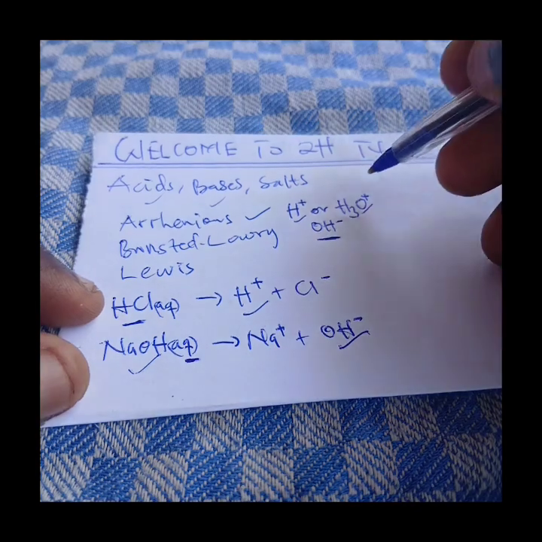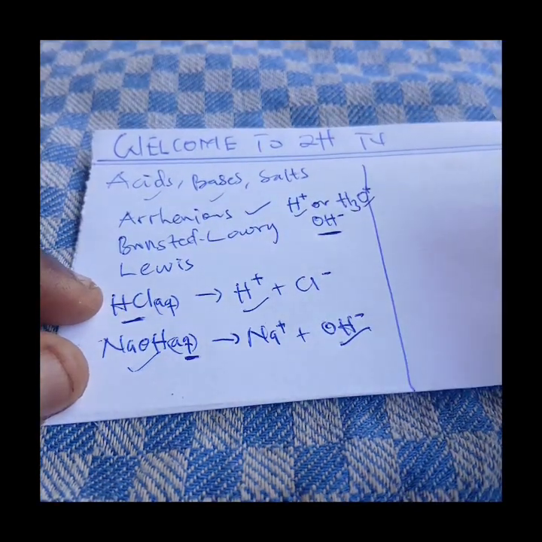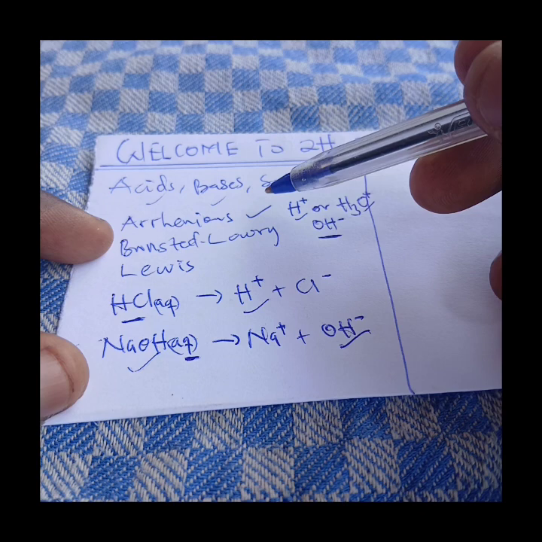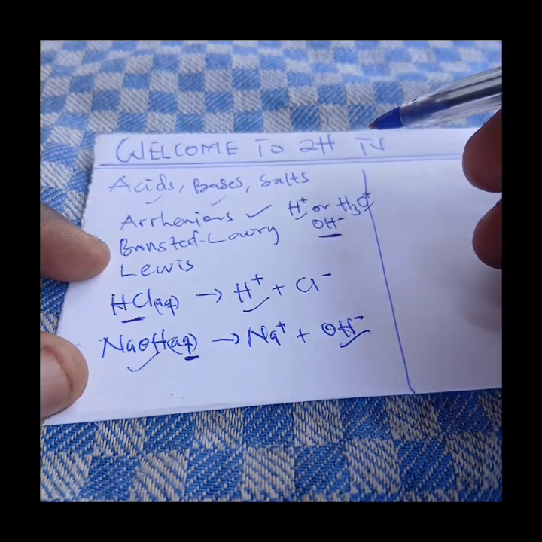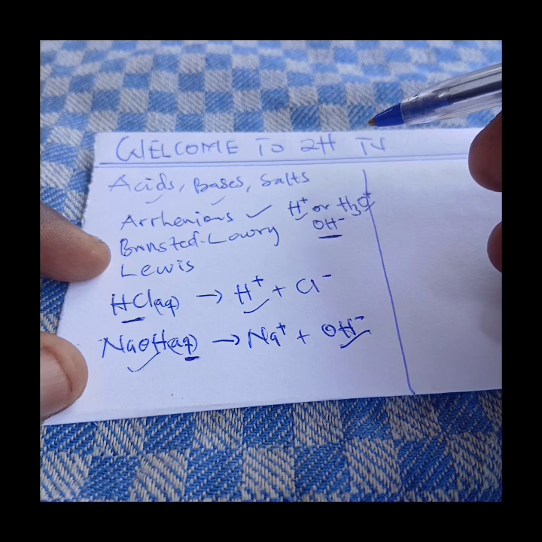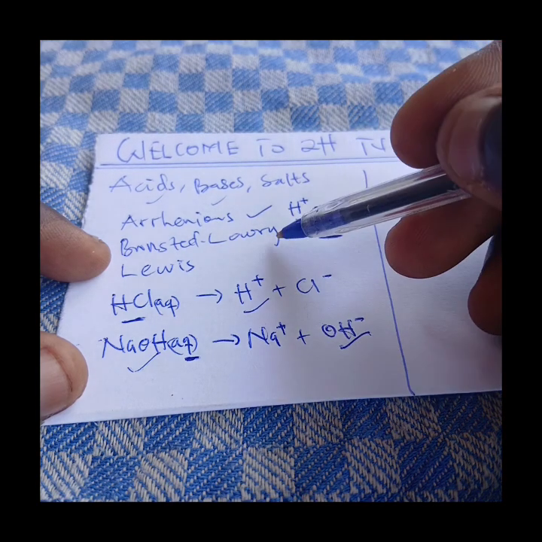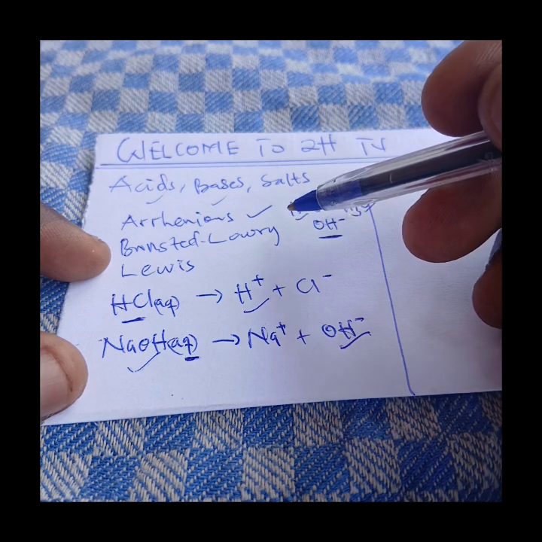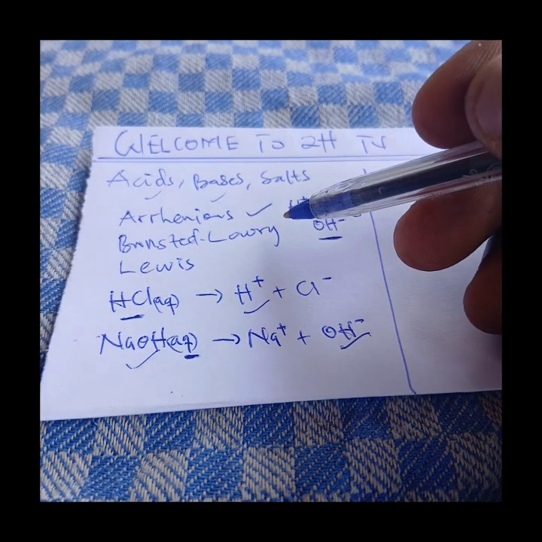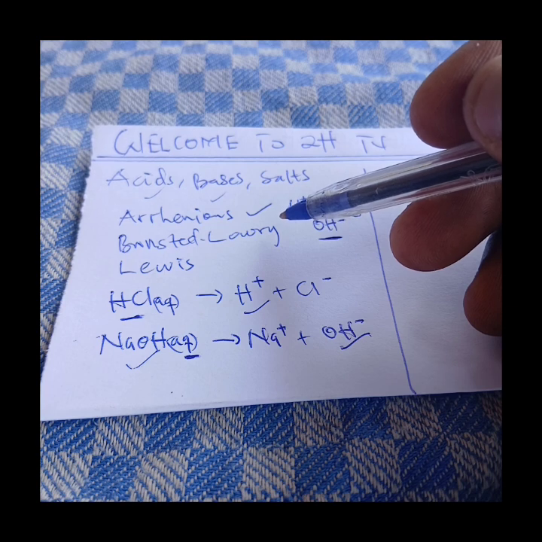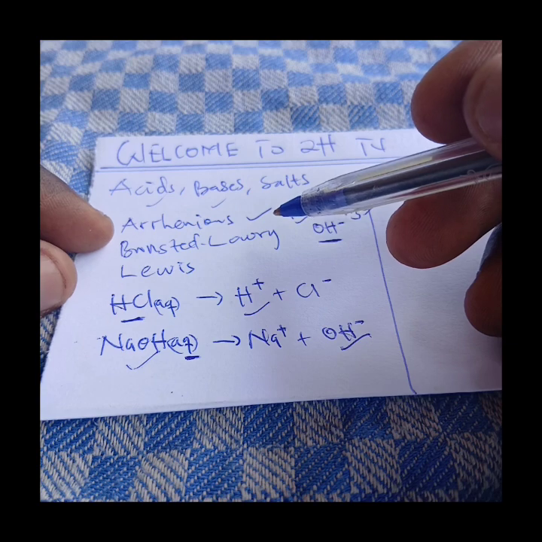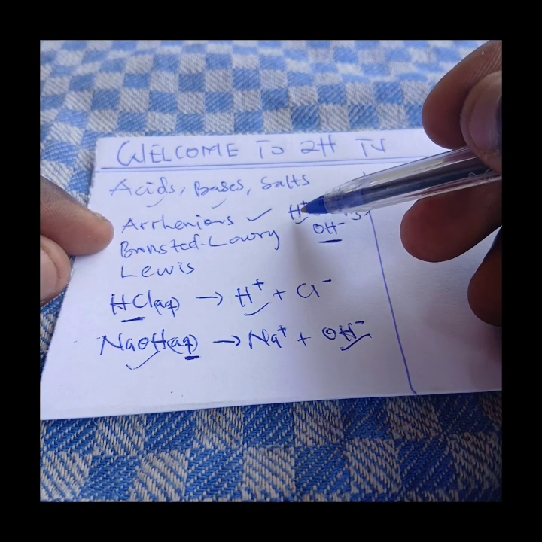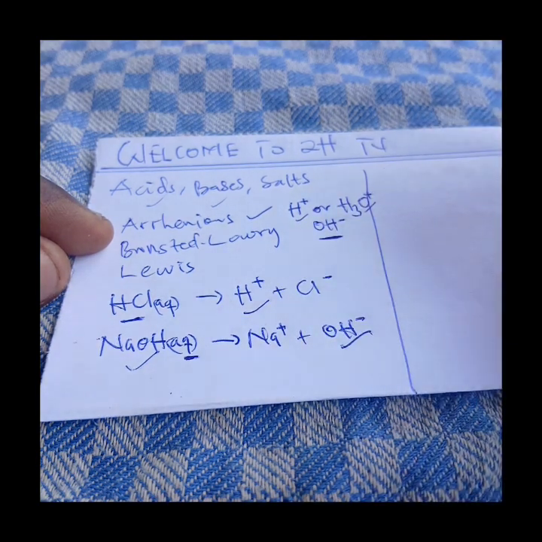Okay, now then, the Arrhenius definition of acids and bases became limited because Bronsted and Lowry realized that it's not all substances. They realized that there are some substances that also have acidic and basic characteristics, even though they are not dissolved in water to produce hydrogen ion, hydronium ion, or hydroxide ion.